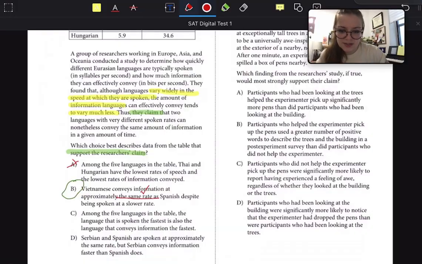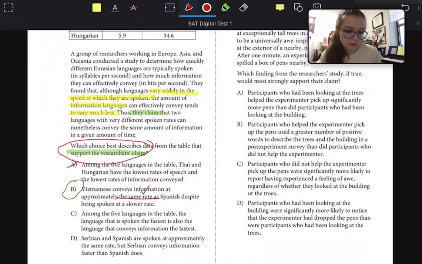Among the 5 languages in the table, the language that is spoken the fastest is also the language that conveys information the fastest. So, although this one might be factually correct, let's take another approach to try and either prove or disprove it. So, let's go back to this here. What data supports the researchers' claim? Well, their claim is that different speech rates can convey the same amount of information.